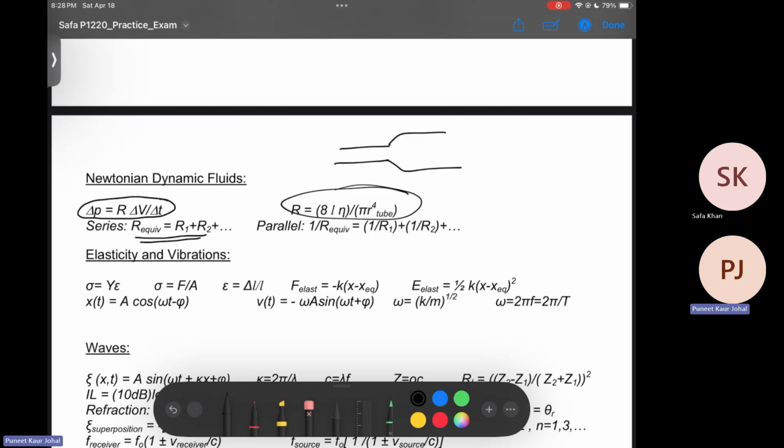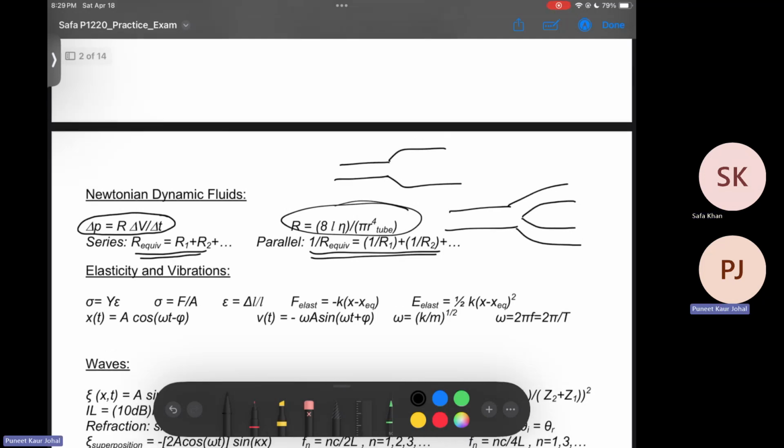Sometimes the pipe just goes in parallel, and in those cases, you will use this formula to calculate the total resistance. It's very much like how we did it in electricity, where you would divide into parallel resistances, right? Same.